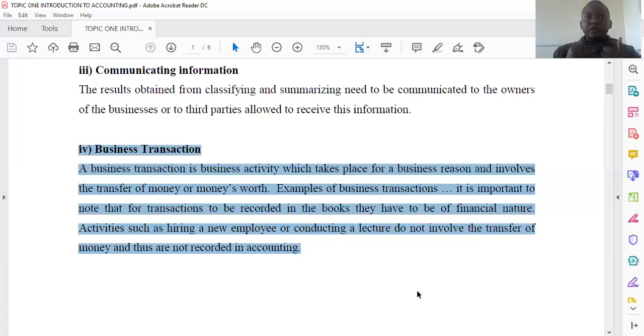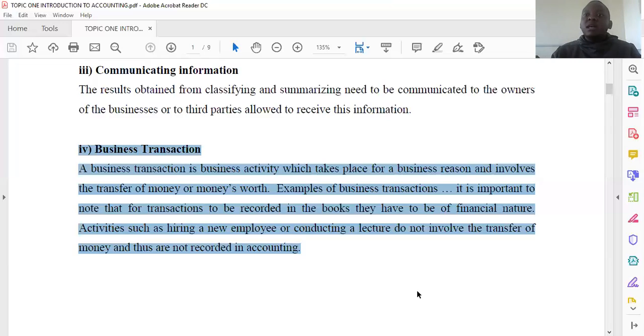One thing to note about business transactions is that we have financial transactions and non-financial transactions. Accounting only records financial transactions. Financial transactions are those which involve money, which can be quantified in monetary terms.